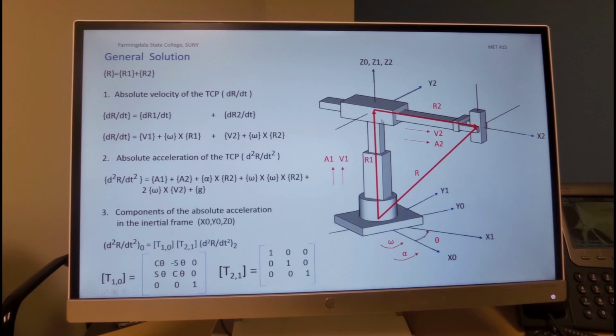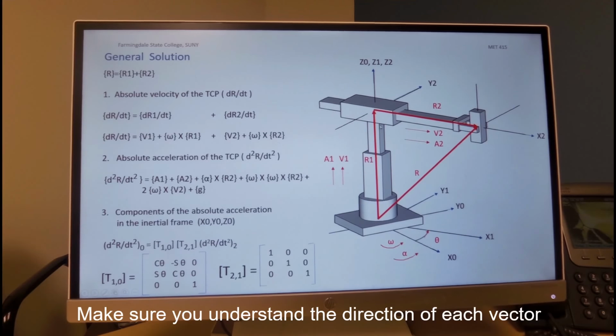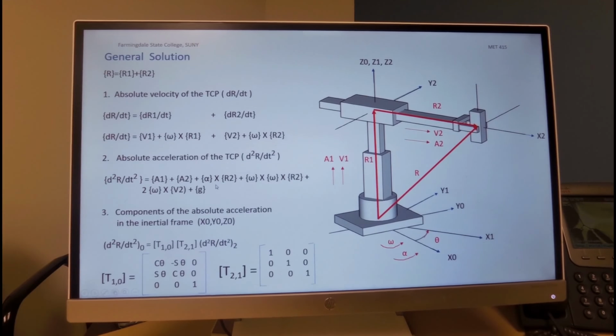And again, we can find that if v is in this direction and omega is in this direction, then the Coriolis will be again in the direction of y2.